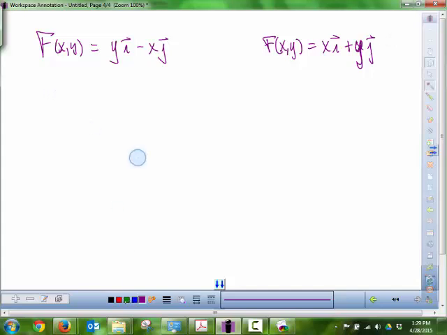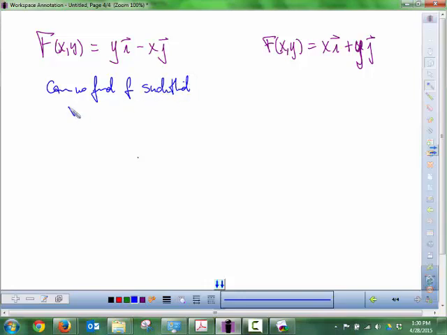So the question is, can we find little f such that the gradient of little f will equal the big F, and the big F has an arrow on top? Right? So we want to know, is there a function little f so that when we take the gradient of that, it's actually going to equal this?